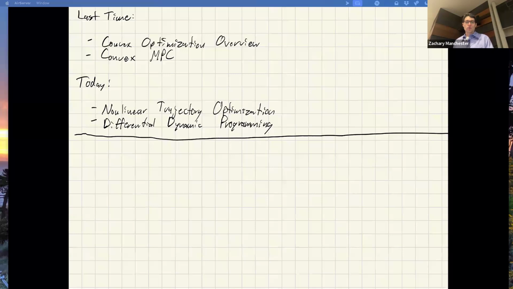All right, so last time we did all this convex stuff, and that was great, but it can't really deal with nonlinear dynamics. And there are many, many circumstances where you have to confront the nonlinearity of your system. That's what we're going to do today.